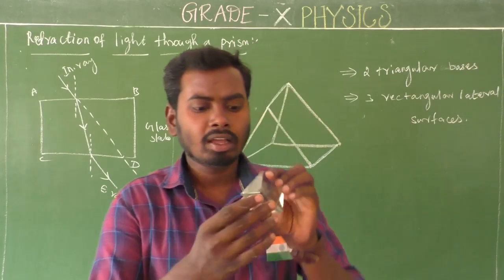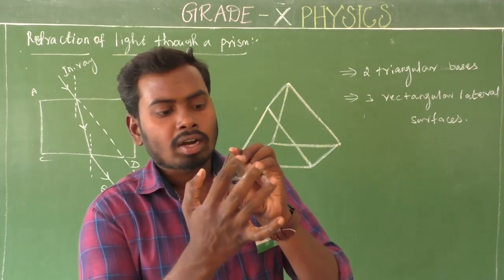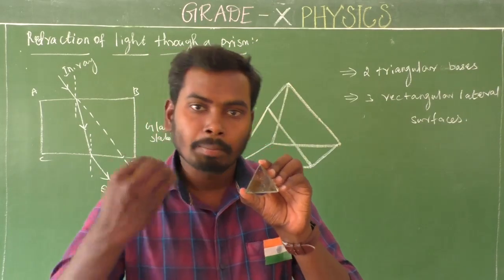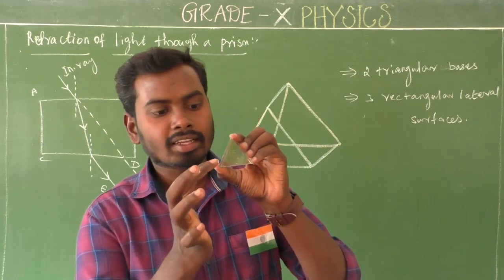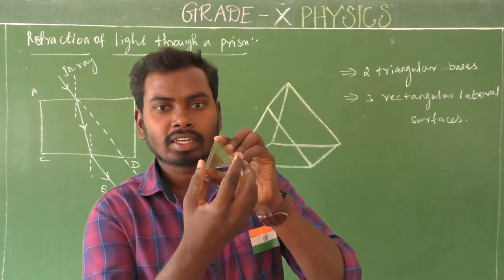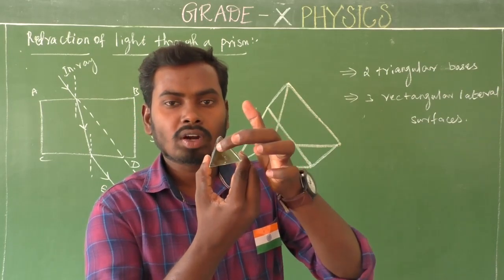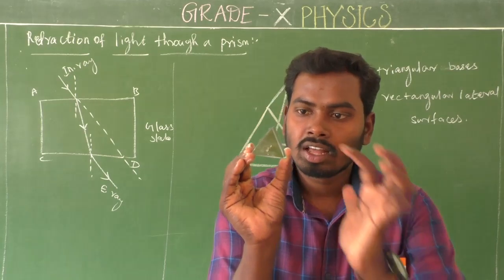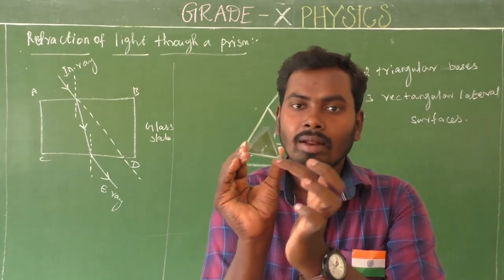Look at here. This is one triangular end or base. Can you see clearly? This is one triangular base, and next, this is the other triangular base.